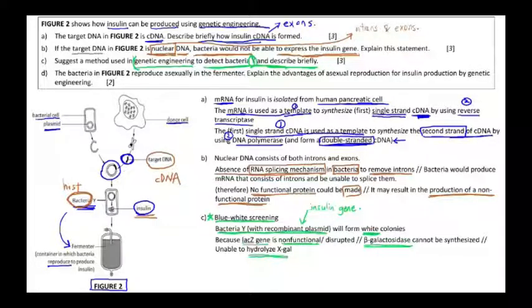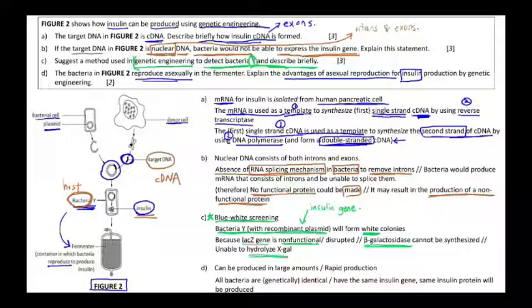And the last question here. The bacteria in figure 2 reproduce asexually in the fermenter. Explain the advantages of asexual reproduction for insulin production. Why is it good to have asexual reproduction in genetic engineering?